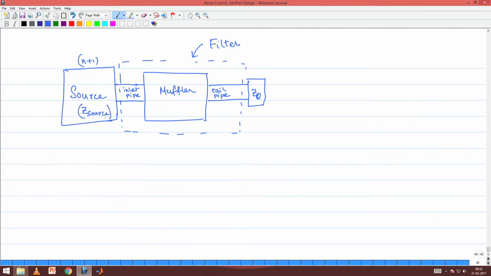The source impedance. Each station will be characterized by a certain pressure and velocity.